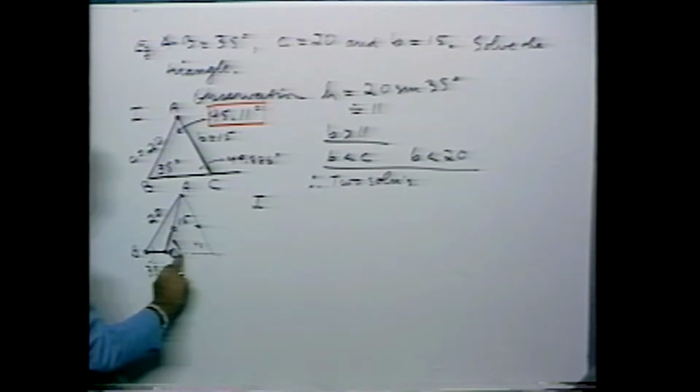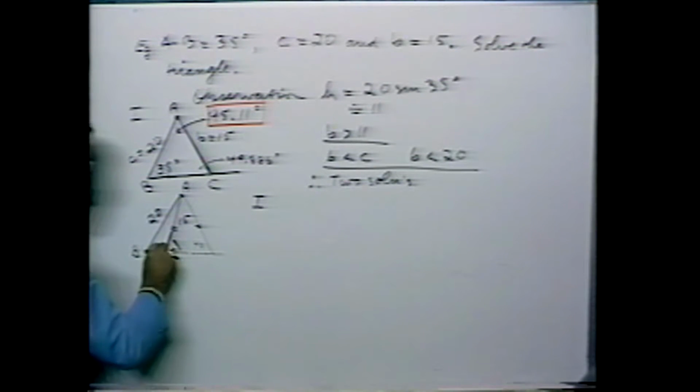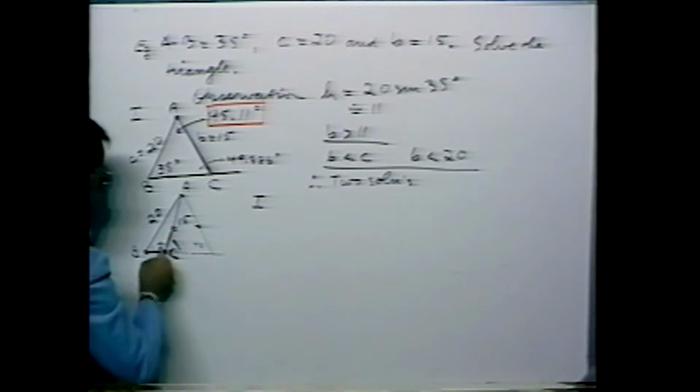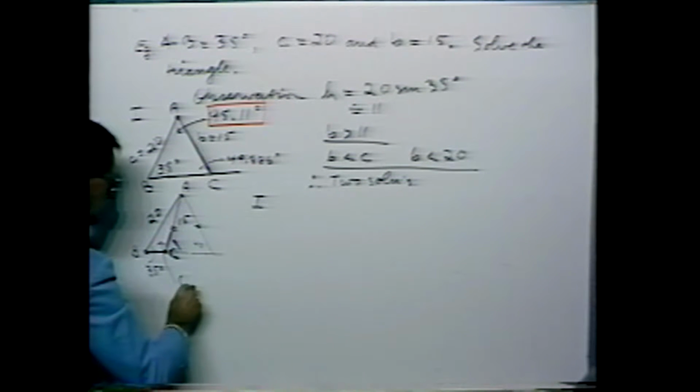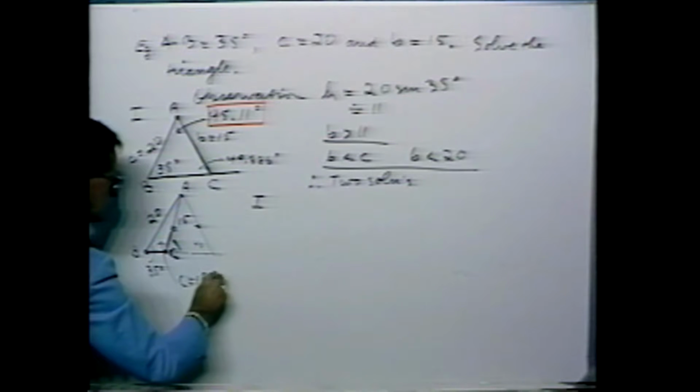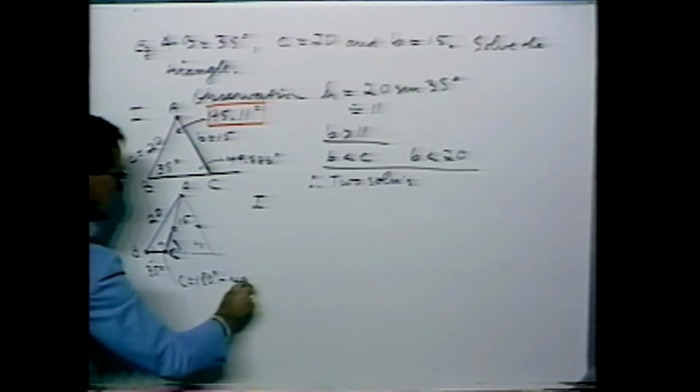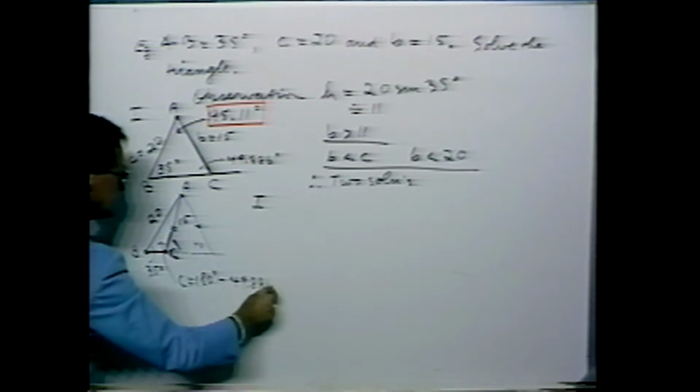And since this is a straight angle equal to 180 degrees, then we can determine that angle right there at C is equal to 180 minus 49.886 degrees.